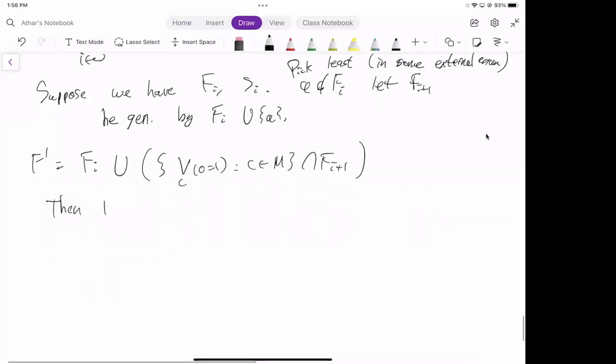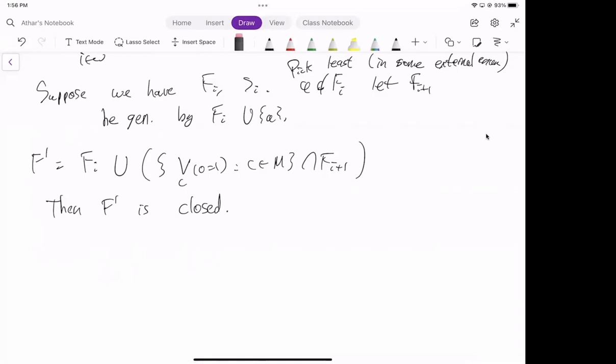Then F prime is closed, okay? And it's not too hard to see that. I guess if you had a formula in F prime, then it's either in Fi, and so its direct subformulas are there, or it's one of these, and yeah, its direct subformula would be there as well.